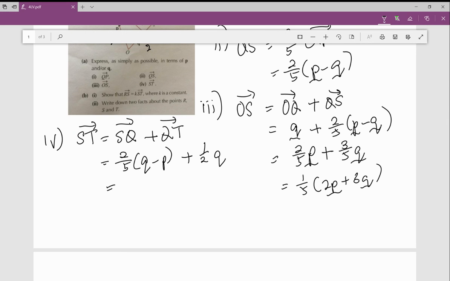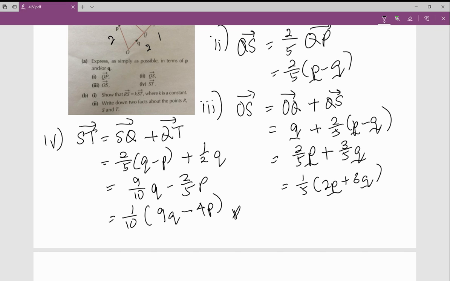You have 2/5 plus half, so you have 9/10 Q minus 2/5 P. If I bring 1/10 out, I have 1/10 (9Q minus 4P). So I found part 1, part 2, part 3, part 4.